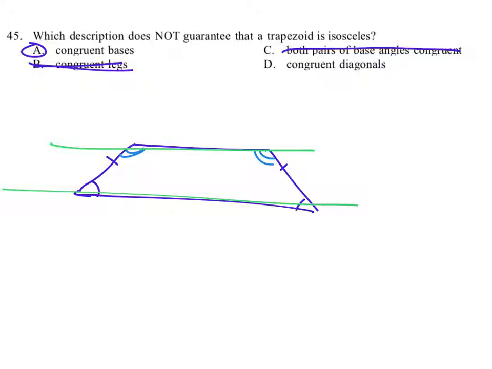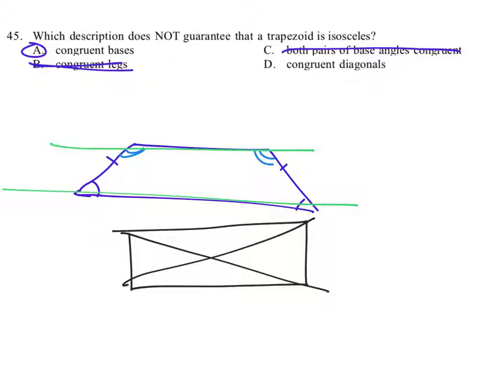And congruent diagonals. Well, I did this little thought experiment with you, where if we take a rectangle, which has congruent diagonals, and then I took the two base vertices here and dragged them out at a consistent rate so that the diagonals stayed congruent like they were when it was a rectangle, we would end up forming the same angles here, right?